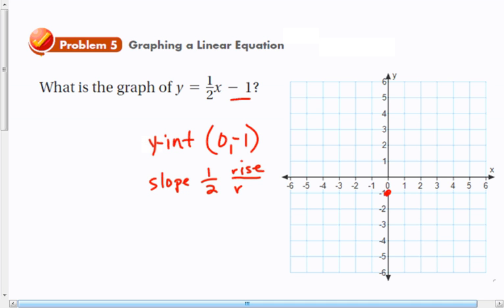They're both positive, so that'd be up 1, right 2. So if I go up 1, right 2, I end up there. Up 1, right 2, again, I end up there. And once I have those points on there, I can just go ahead and draw a line through. And that is my line of this equation. All right, try that.